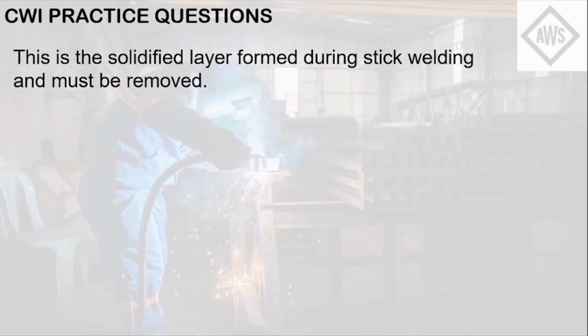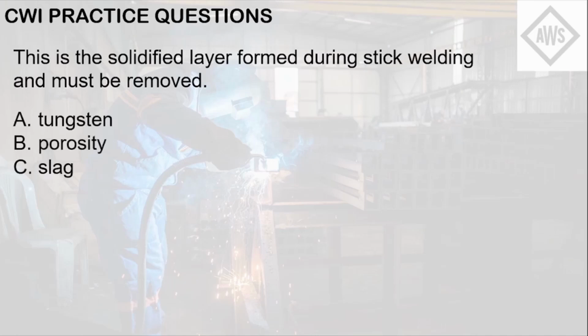This is the solidified layer formed during stick welding and must be removed. Letter A, tungsten. Letter B, porosity. Letter C, slag. Letter D, arc strike. Tungsten does not pertain to stick welding because the welding electrodes of stick welding do not contain tungsten. Letter B, porosity, is a weld defect caused by the entry of hydrogen molecules into the weld, producing that weld defect called porosity.